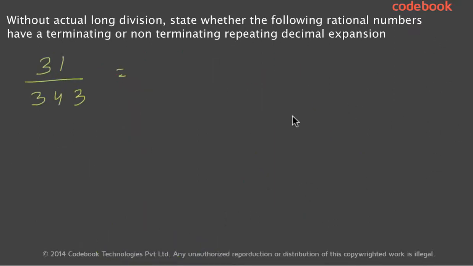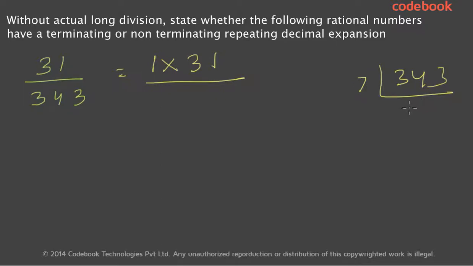The next example that we will solve is 31 by 343. Let's first express both numerator and denominator as a product of primes. 31 is a prime number by itself, so the only factorization of 31 is 1 times 31. Whereas 343, let's factorize that. 343 when divided by 7 will result in 49, and similarly again 7 times 7. So this is nothing but 7 cube.